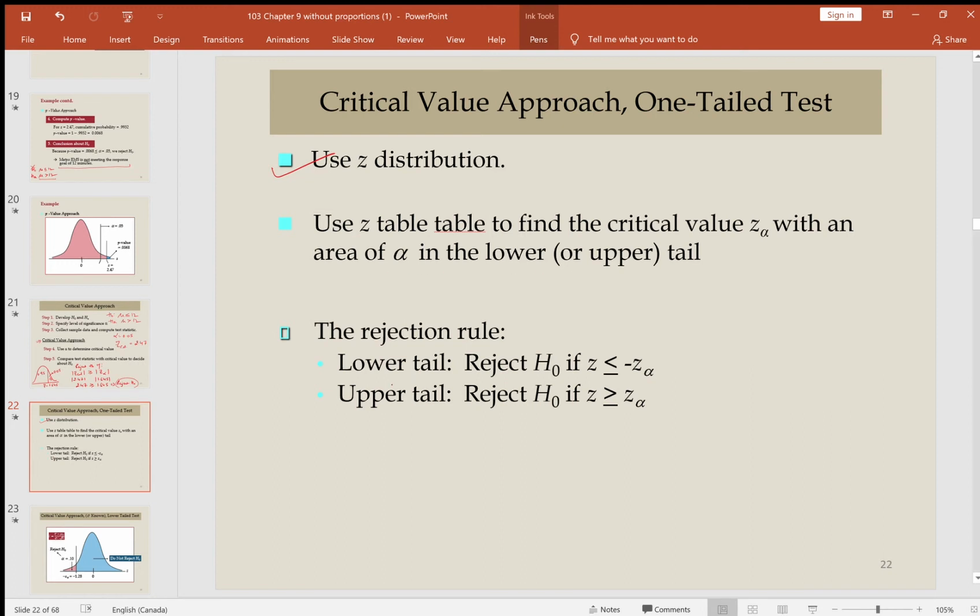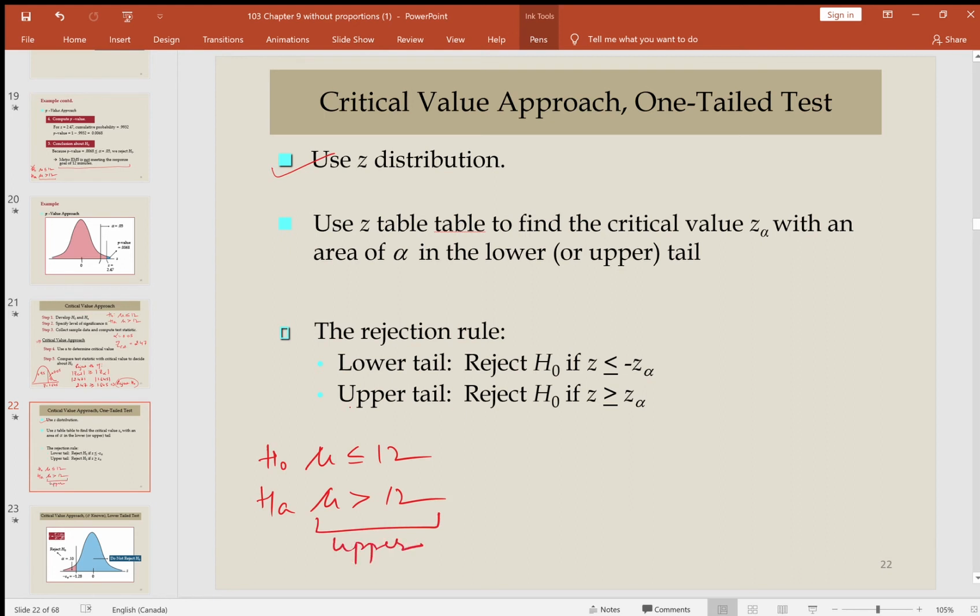Now, we need to find out whether it's a lower tail test or an upper tail test. Remember that in this case, it's an upper tail test because our null is mu is less than or equal to 12 and the alternate is mu is more than 12. So this is not only a one-tail test, but also an upper tail test.